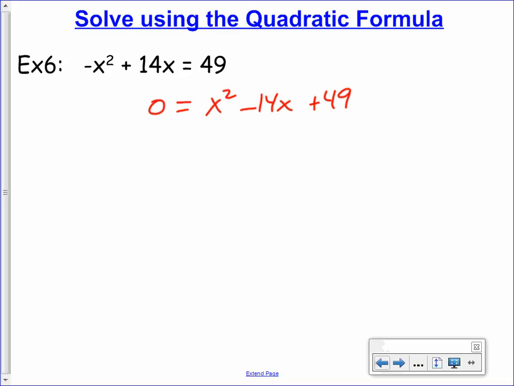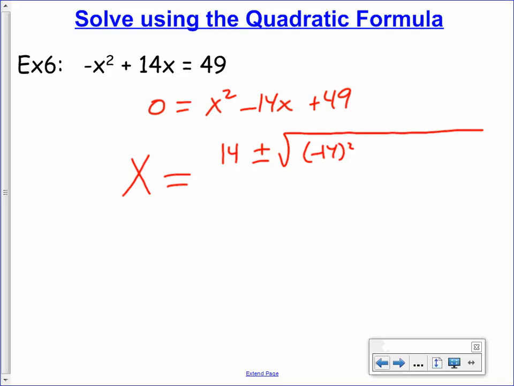Here we go. Sing with me. X is equal to 14 plus or minus the square root of -14 squared minus 4 times 49, I think, all over 2.